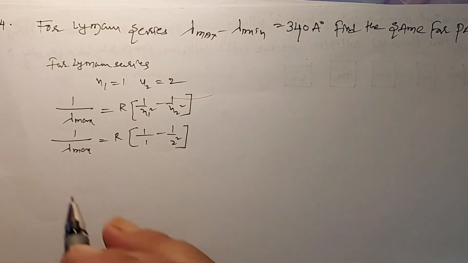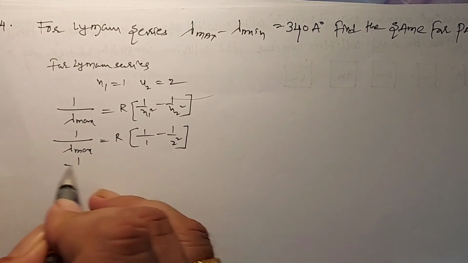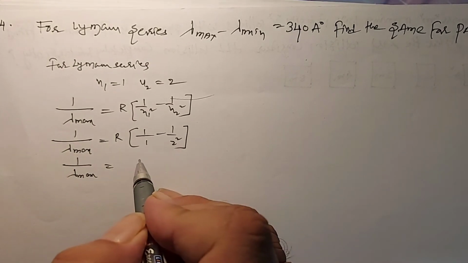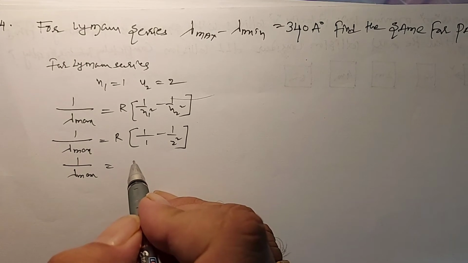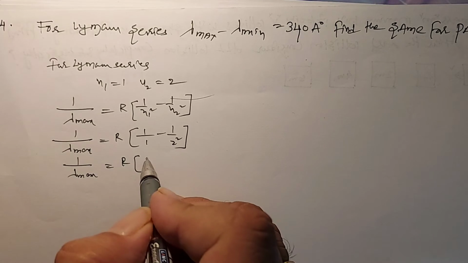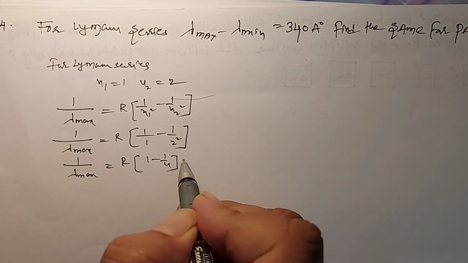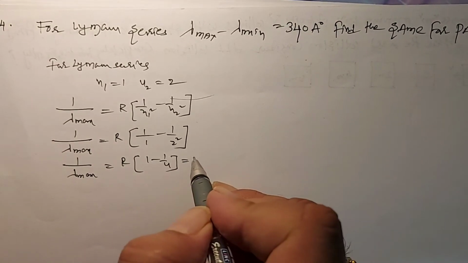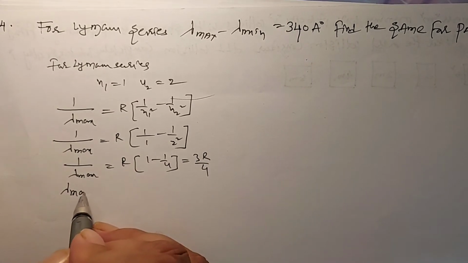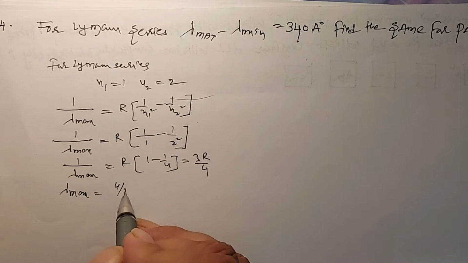So 1 by lambda maximum is equal to R into 1 minus 1 by 4, that is equal to 3R by 4. So lambda maximum is equal to 4 by 3R.